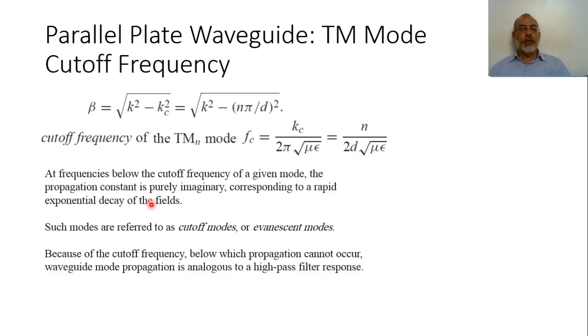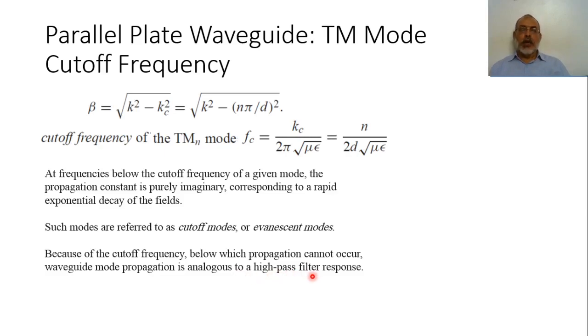In this case, below the cutoff frequency, this mode is called a cutoff mode or evanescent mode, which means that these modes are not propagating. Because of the cutoff frequency below which propagation cannot occur, waveguide modes are analogous to high pass filters.